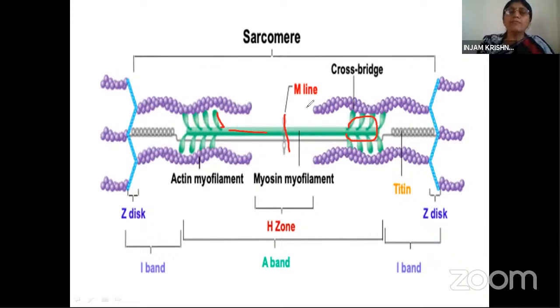There is no actin filament here. That's why all the heads face this side and this side. The center of the myosin is concentrated with the tails. Yes, I hope you understood the actual location of the meromyosins in the myosin protein.